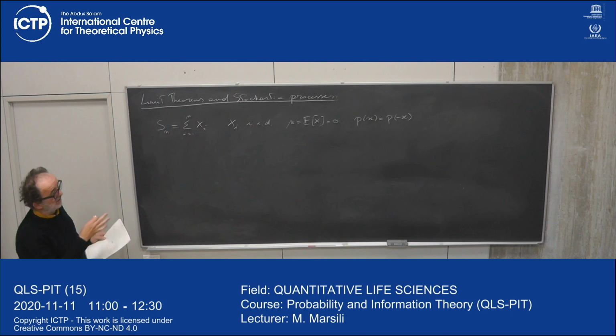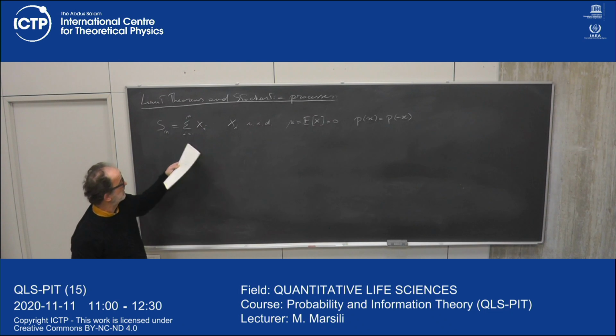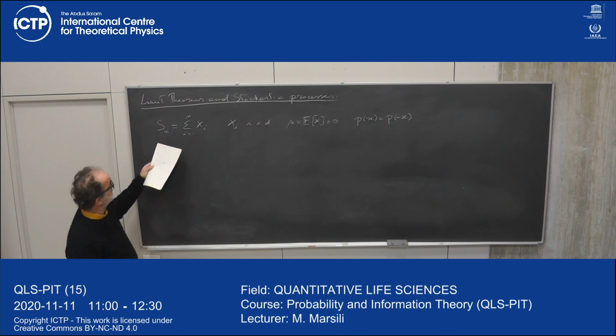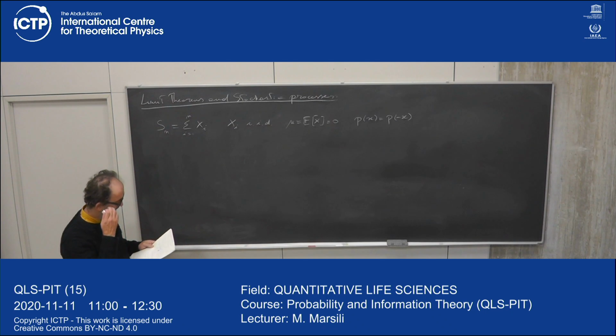So these variables are essentially symmetric around the origin, and we expect that also the distribution of Sn will be symmetric around the origin. Okay.